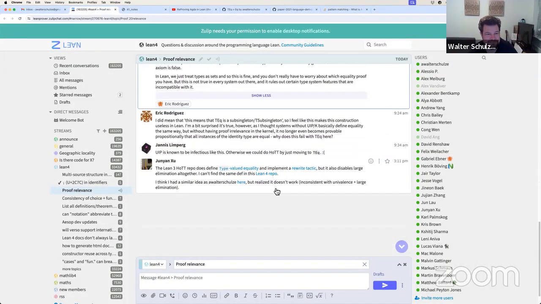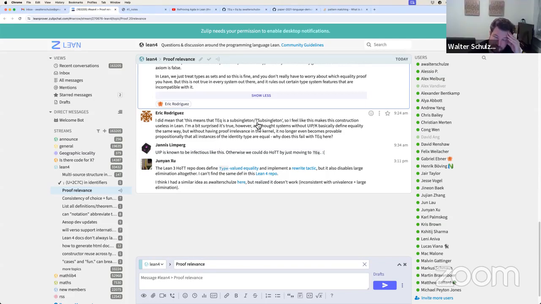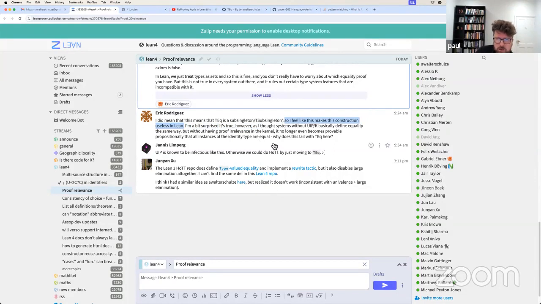So sub-singleton just means that it has 1 or 0 inhabitants. Is that right?